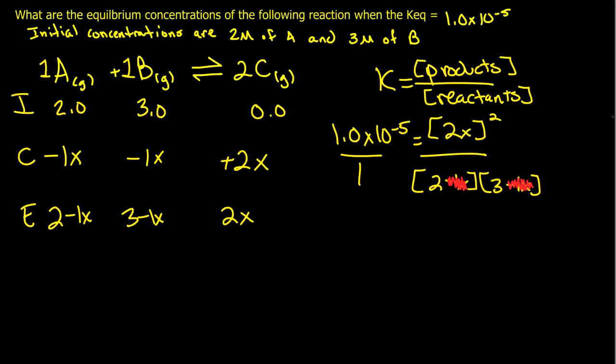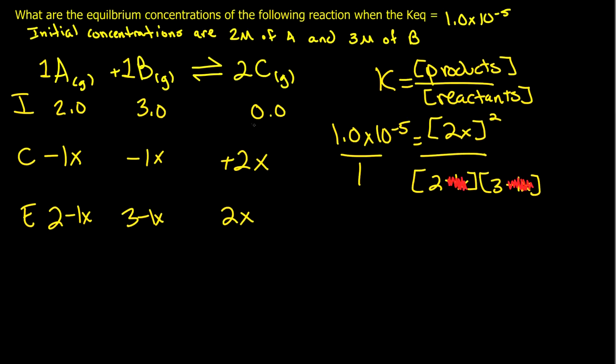The idea is there's going to be such little of a change in the reactant, it's barely going to be noticeable. So it really doesn't matter what the change in reactant is because it's not going to make a difference. It's like if you had $1 million and you gave somebody $1, you pretty much still have $1 million.